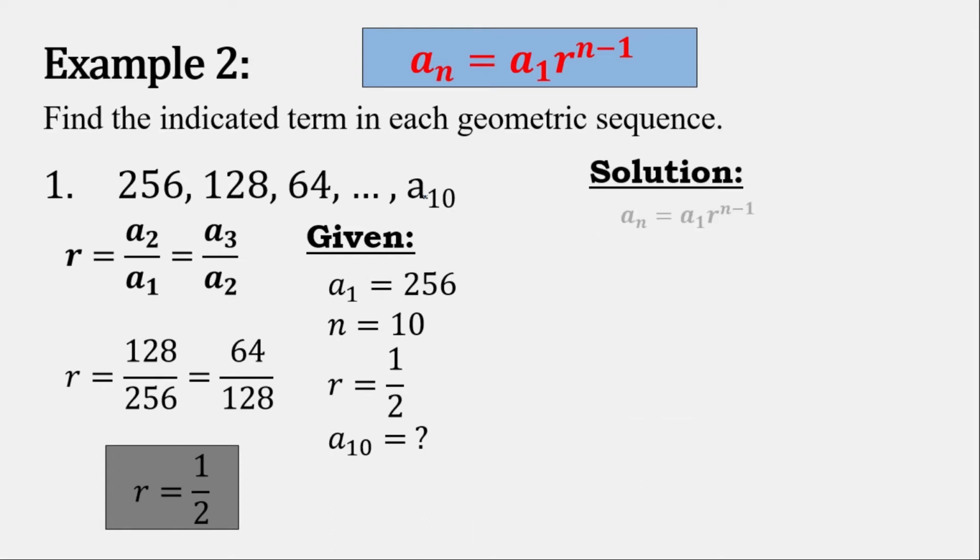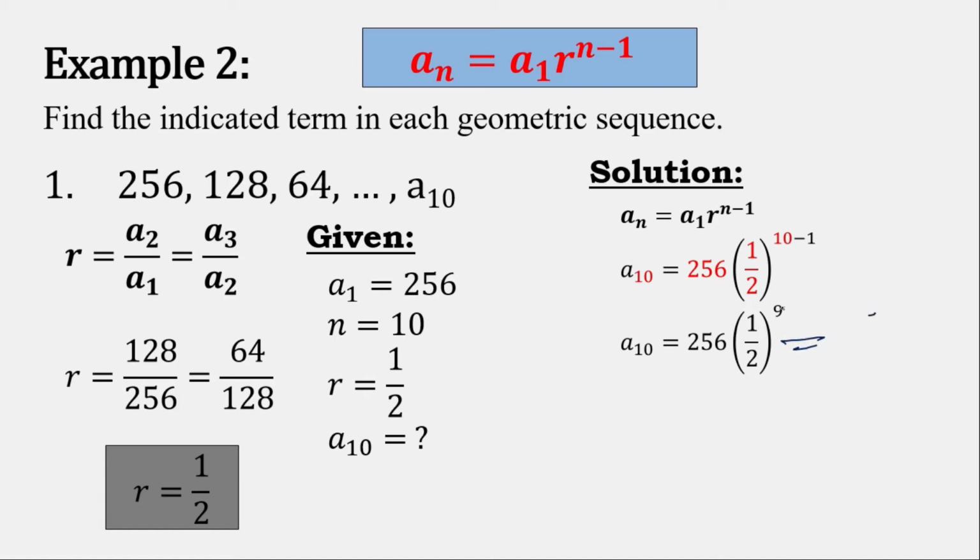So for the solution, let's just copy the geometric sequence formula. Then substitute all the values that we have. After we substitute, let's simplify this, and we get this equation. If we're going to answer this, let's just distribute this 9, and we have 1 raised to 9 and 2 raised to 9.